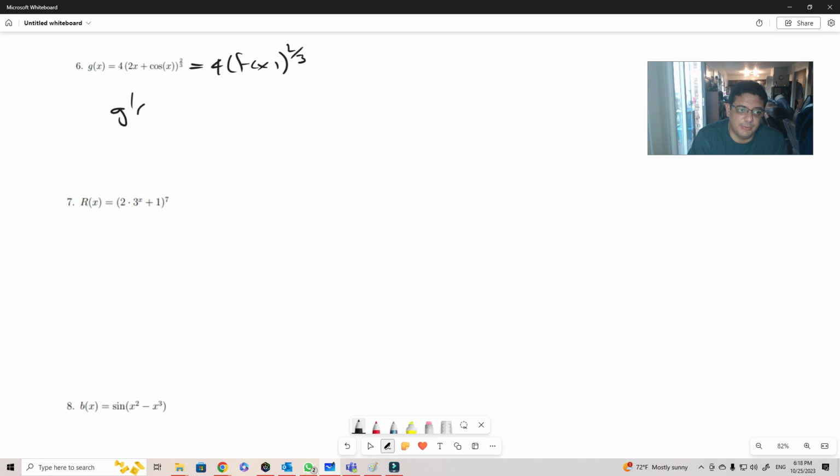So g prime of x is going to be what? It's going to be, I put down the 2/3, so 4 times 2/3 f of x to the 2/3 minus 1 times, and so the derivative, I need to multiply by the derivative of the function inside, f prime of x, and so this is 8/3.